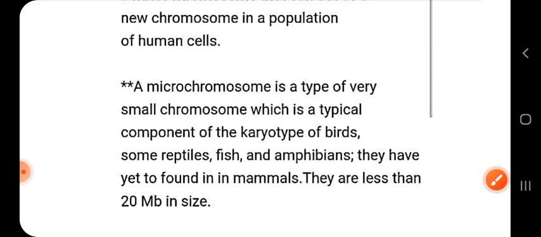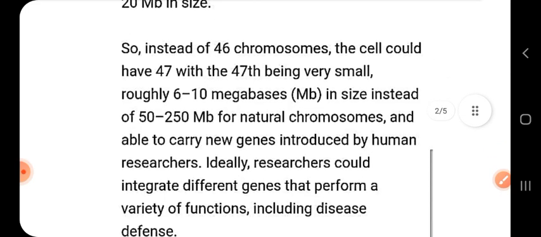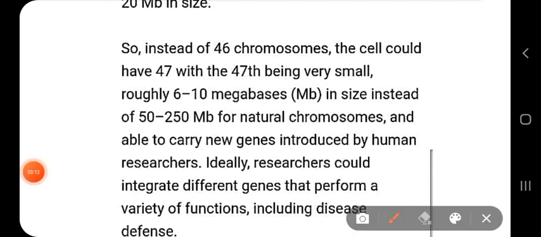But the microchromosome that we are preparing, the human artificial chromosome, is a microchromosome up to 6 to 10 MB, or megabases, in size. So instead of 46 chromosomes in human, the cell could have 47 chromosomes.